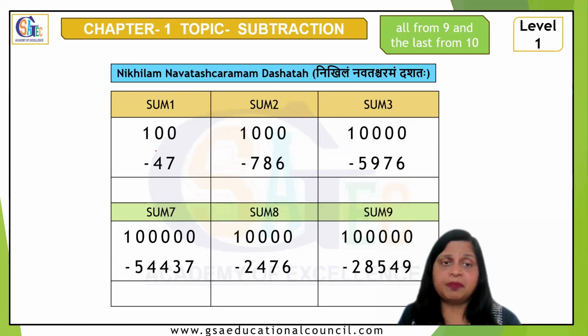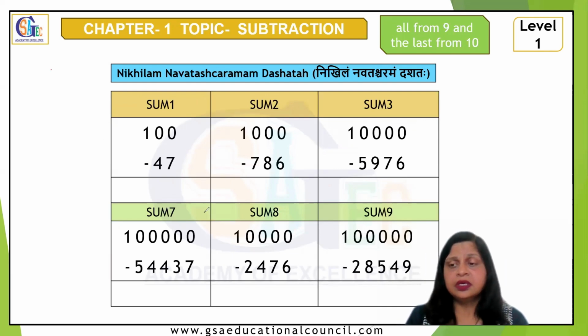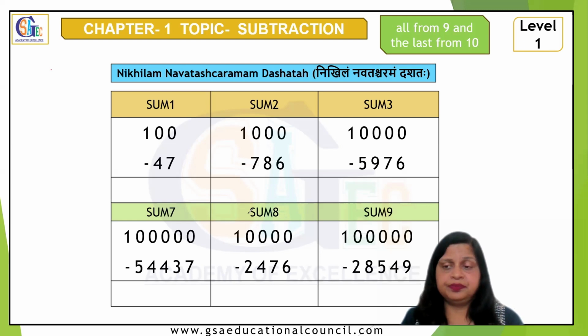Now the next topic is subtraction. Instead of the usual boring method, let's use the complement method for subtraction. Now the question is 100 minus 47. The rule is all from 9 and the last from 10.